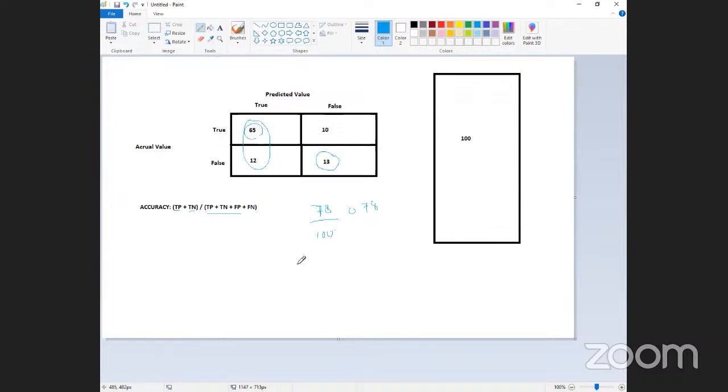How many positives? 65, divided by this, how many positives over here, 77. That is called precision. Precision means out of the values the algorithm says are true, how many are actually true. Sorry, this side. I'm sorry, it should be this.